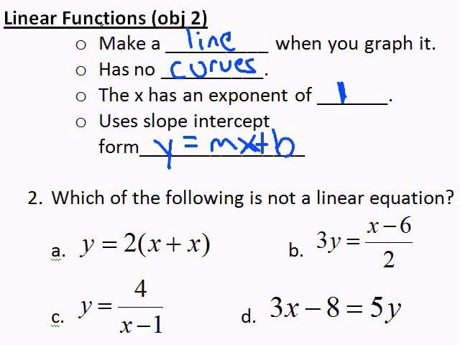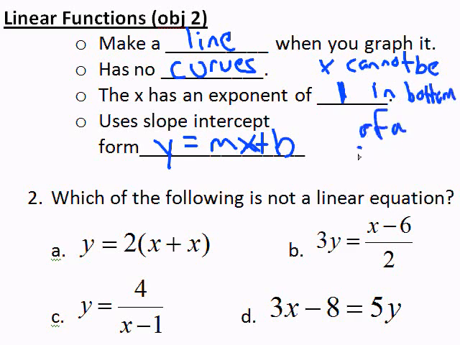We should also say with linear functions that x cannot be in the bottom of a fraction. So another little rule. If you notice C right here, x is in the bottom of a fraction. That means that C is not a linear function.